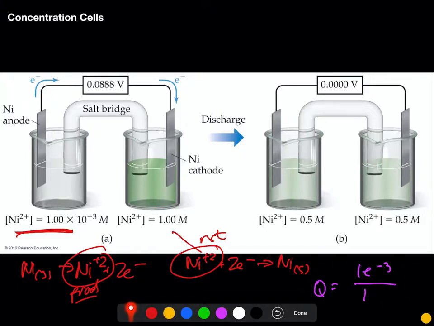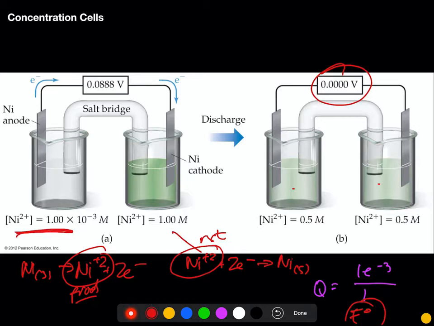And once my concentration of ions are equal, then we go back to our E naught, which is 0, which means no net flow of electrons. Or we could say that the flow of electrons forward and the flow of electrons in reverse are equal, so there is no net flow of electrons.